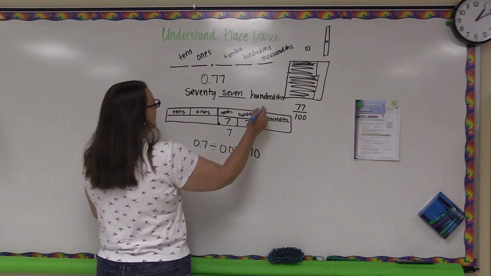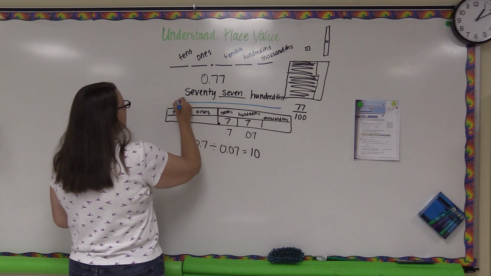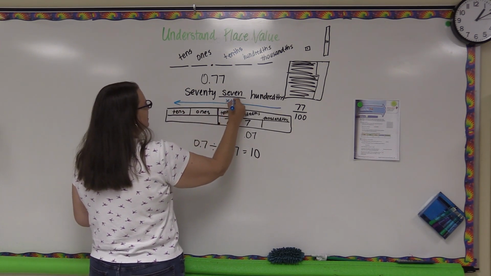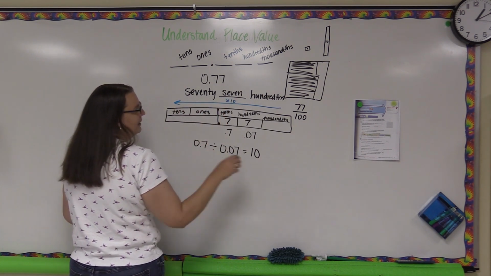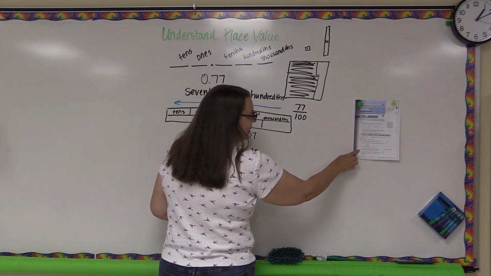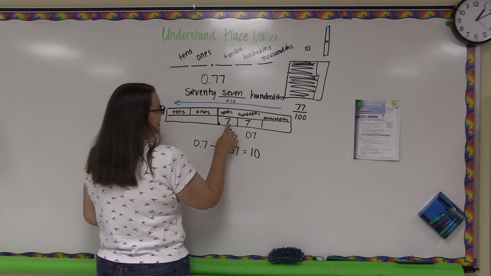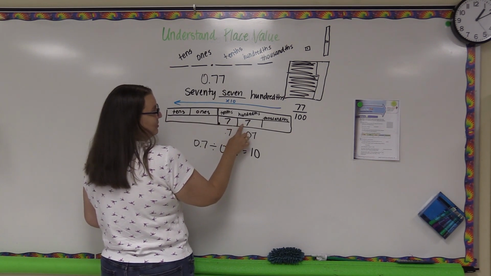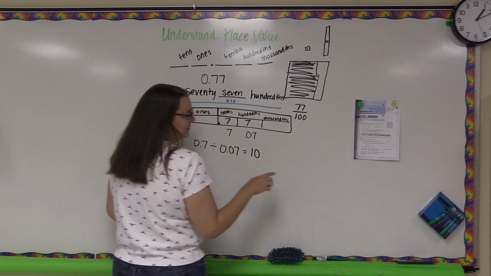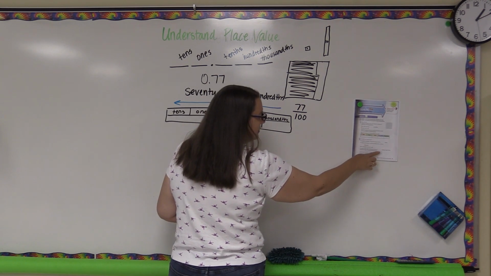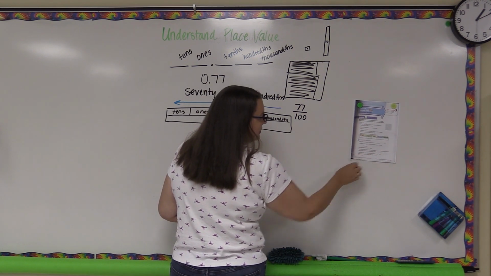Remember this from way back when? Every time you move one spot this way, it's 10 times larger, okay? So right here, it says the value of the 7 in the tenths place, this one, is 10 times bigger than this one. So you're going to put 10 right there.